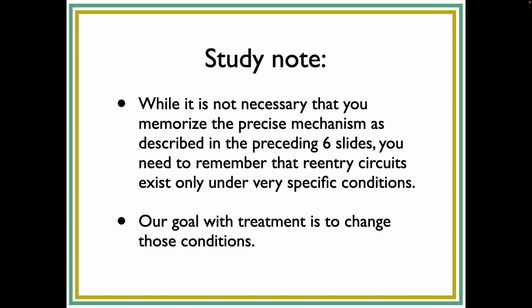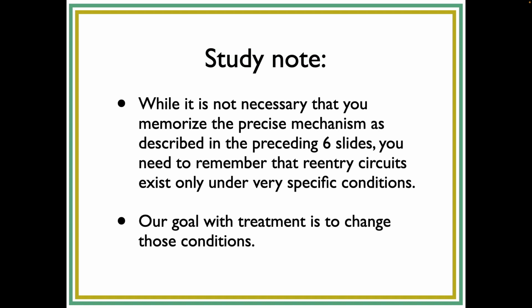But what you need to know is reentry circuits are the underlying mechanism of most tachydysrhythmias, and they only exist under very specific conditions. You don't need to know details about the specific conditions. And so our goal with treatment is to shake up those conditions, to stop that reentry circuit.